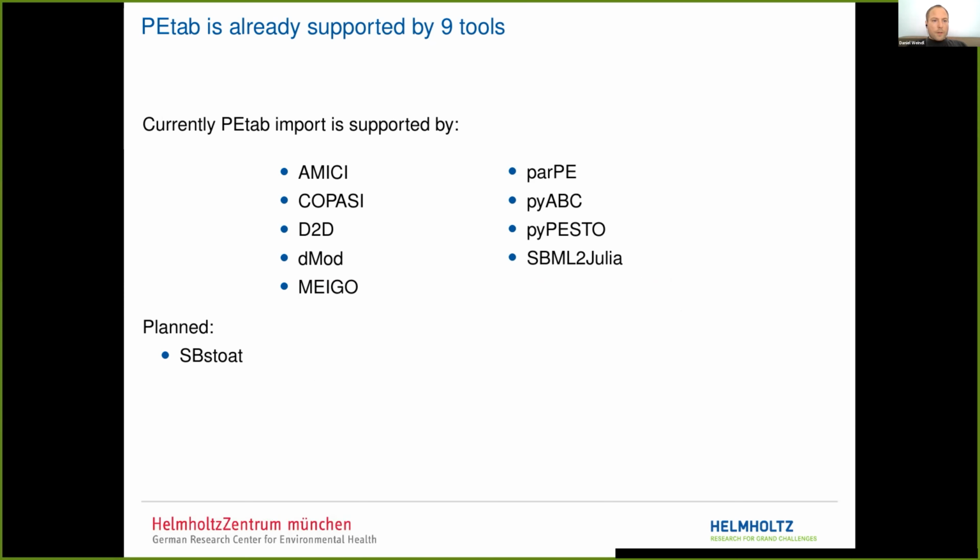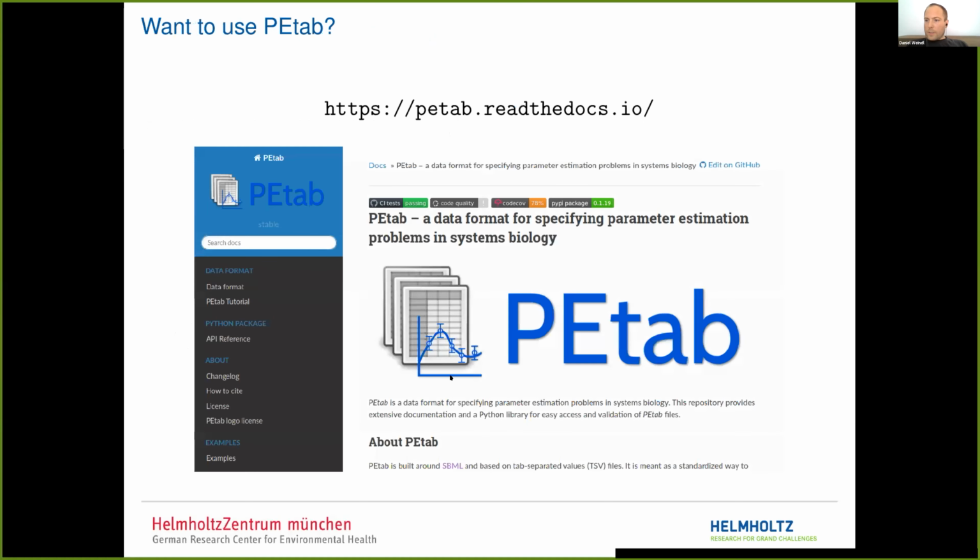In case you are interested in getting more information on PTAB, you can find all that online, ptab.free2docs.io. That will lead you to a number of resources. Here you can, for example, find the more detailed specifications.